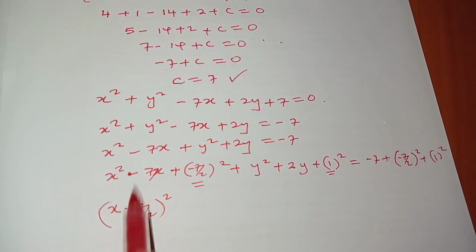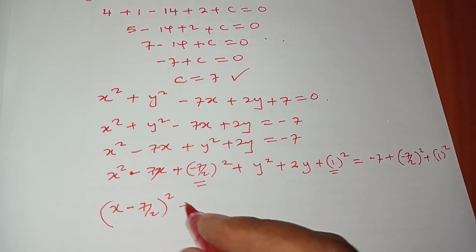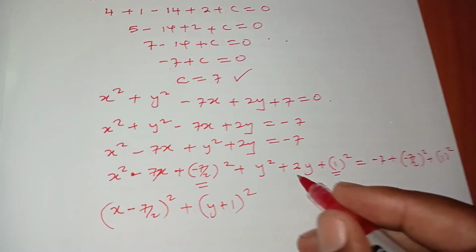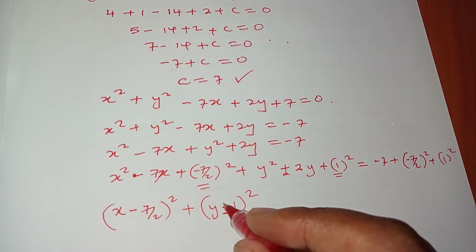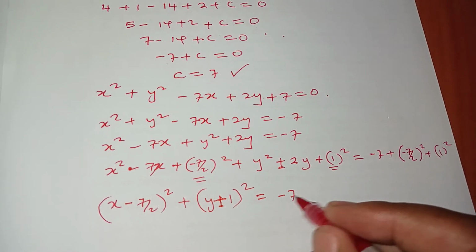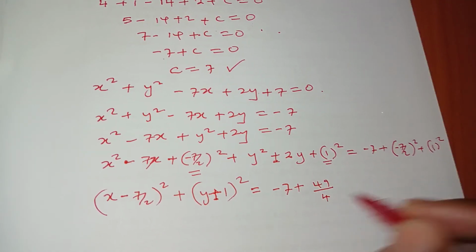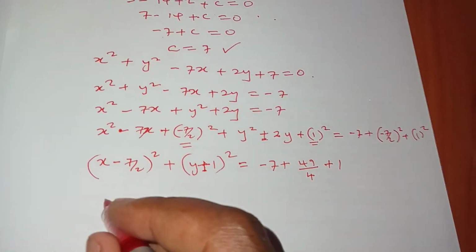Okay, so when you're completing the square, this is what you get. So minus here, so we take this one which is here, and then plus y plus 1, it's positive here, hence positive here, so is equal to minus 7 plus 49 over 4, this one here, then plus 1, right? We're almost there.